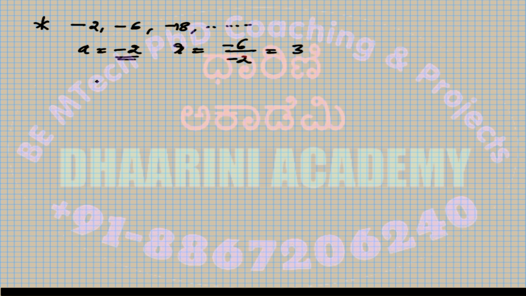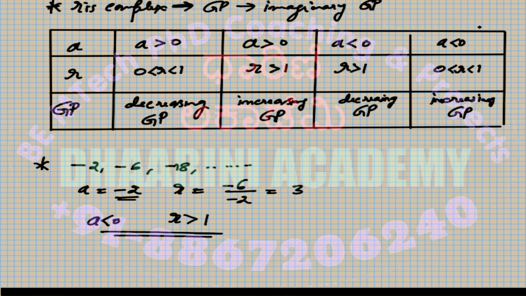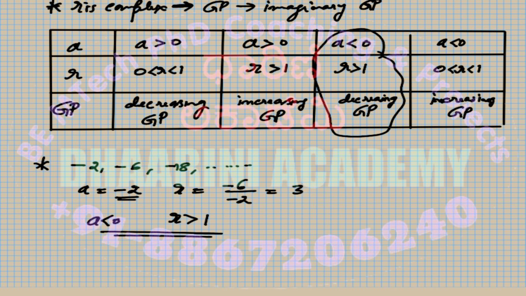So I can see that A is less than 0 and R is greater than 1. I just have to go back and check this. A less than 0, R greater than 1 is this, and it is a decreasing GP.